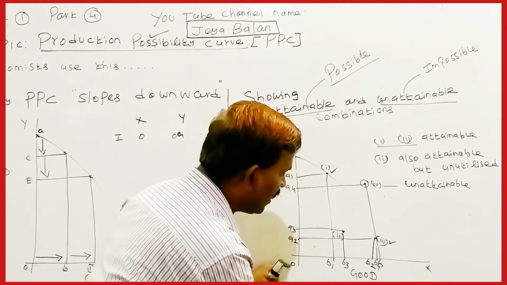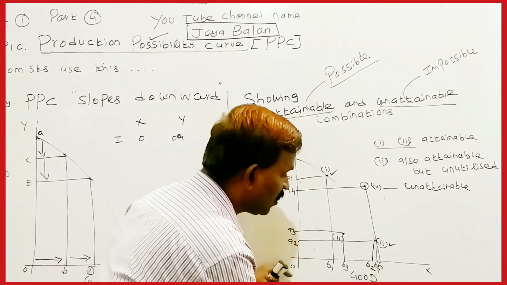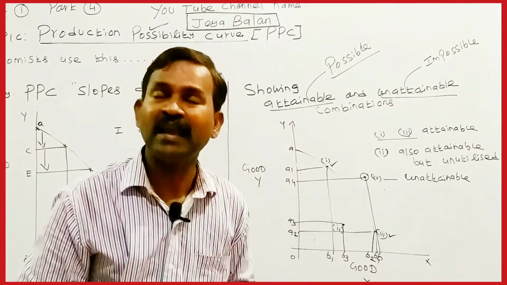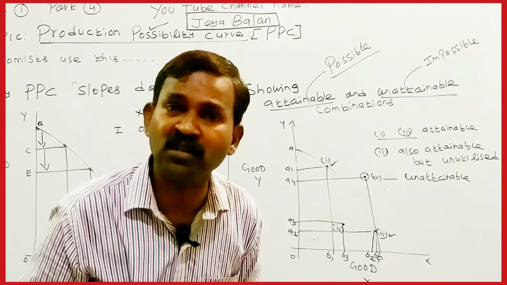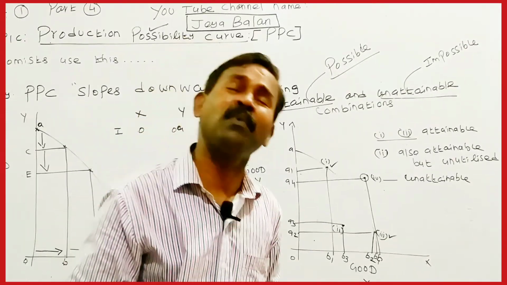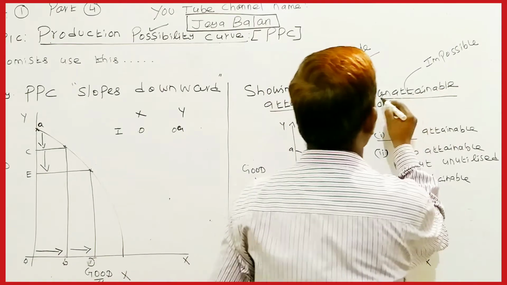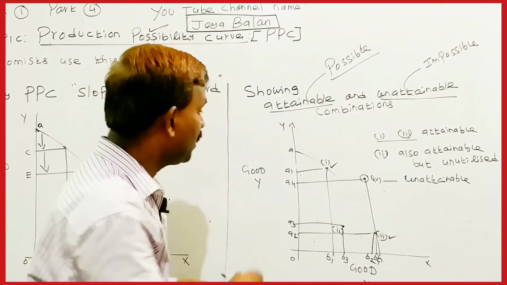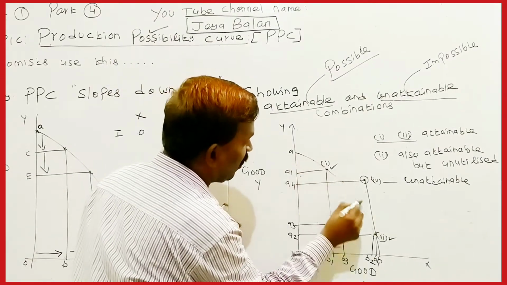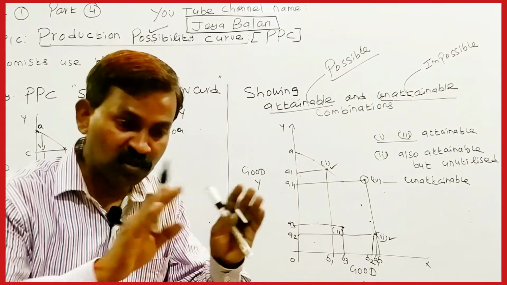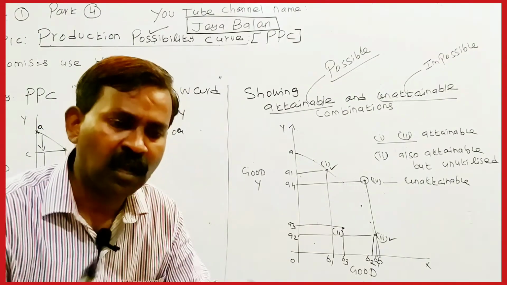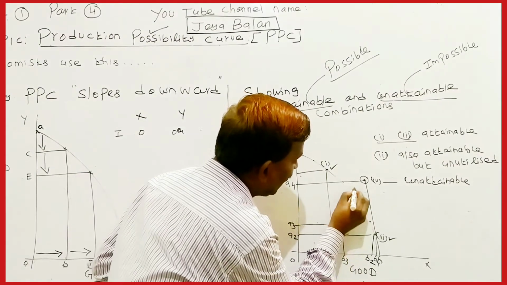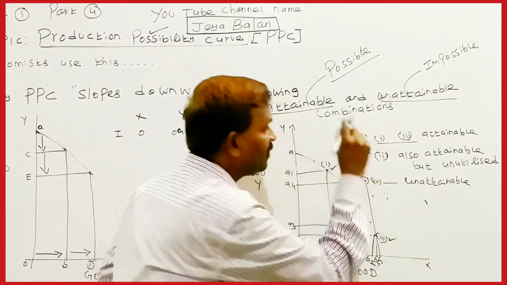The production of OB4 number of units of good X and OA4 number of units of good Y. Can this combination of production possible? No, it is not possible. Not possible means unattainable combination of two goods. It is impossible. Why? When the economy is operating at any point on PPC, it shows the resources available are already fully utilized, already efficiently utilized. So, an economy cannot operate at any point outside the PPC.